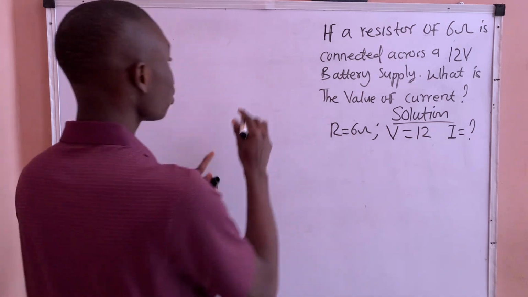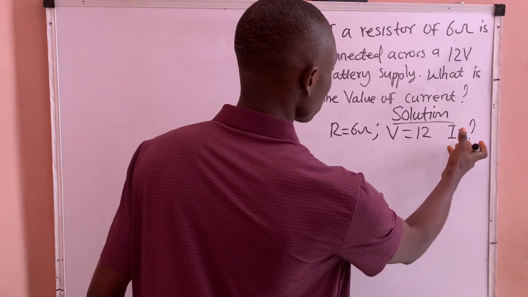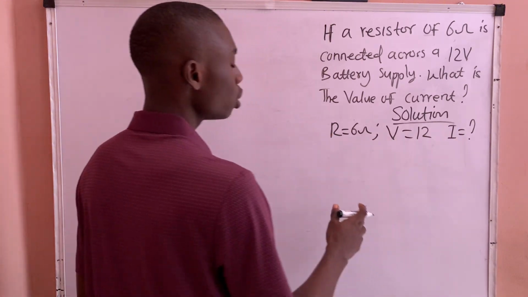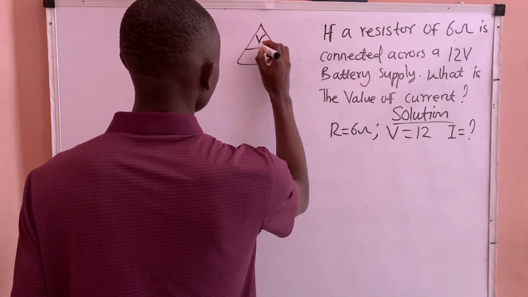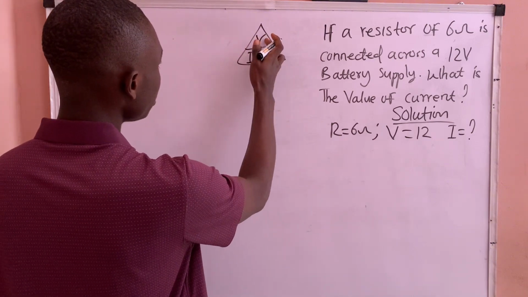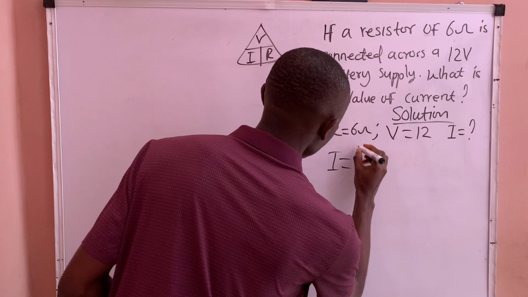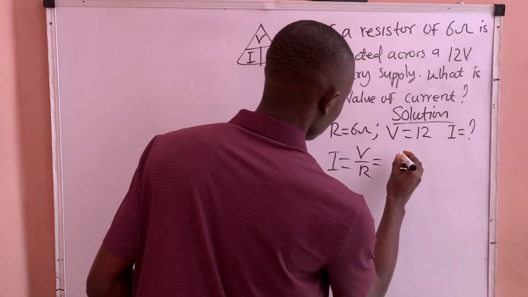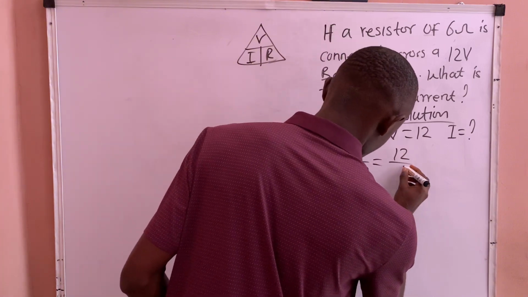Remember, using the triangle trick, when these two variables are given, which are V and R, if we cover I from this V, I, R triangle, we are saying V divided by R. So the value of current, which is I, will be V divided by R. Our value of V is 12, divided by our resistance value, which is 6.